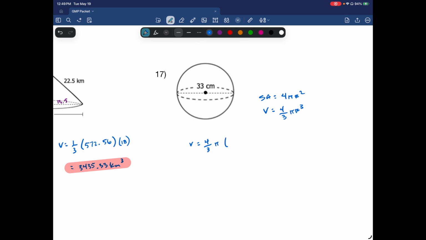Radius is going to be half that, so it's going to be 16.5. Yeah, so 16.5 cubed. And that's going to give me a volume of 18,816.57 centimeters cubed.